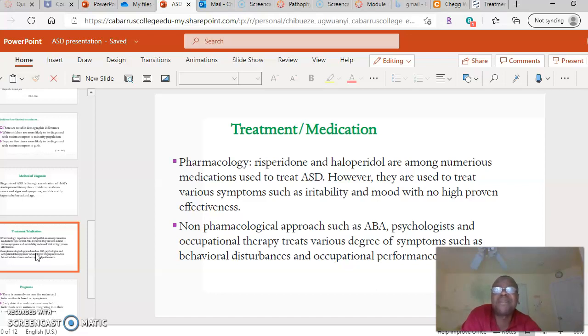The light might be a trigger for an autistic meltdown, or the noise being made by the colleagues of the individual. Those are things that may negatively affect the occupational performance of people with autism.